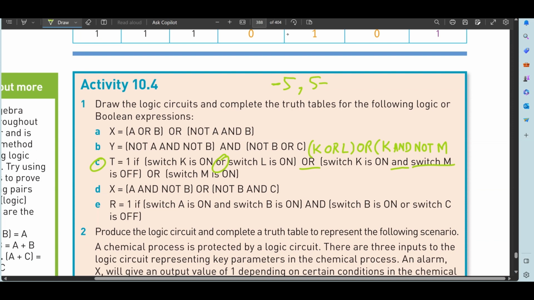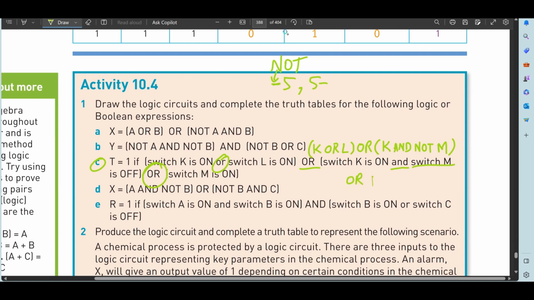So the NOT gate is just like the negative in regular mathematical algebra. In Boolean algebra, the NOT gate is equivalent to the negative. The negative is always written prior to the number or prior to the expression, like -5, not 5 minus. So this would be K and not M, but not K and M not. Okay, K and not M only. Closing the bracket. Then it says or, and then we can write or after the first two expressions.